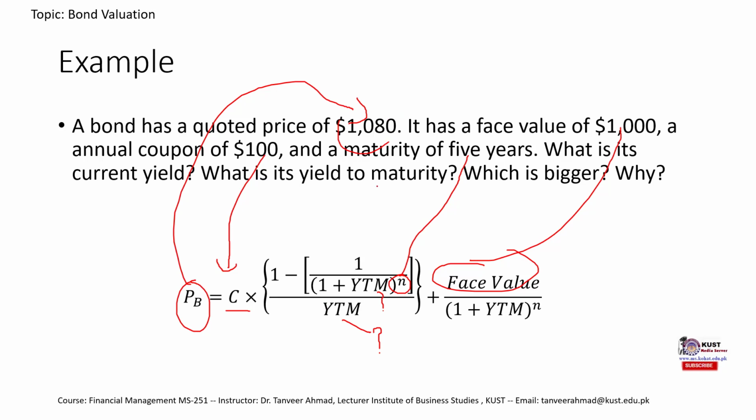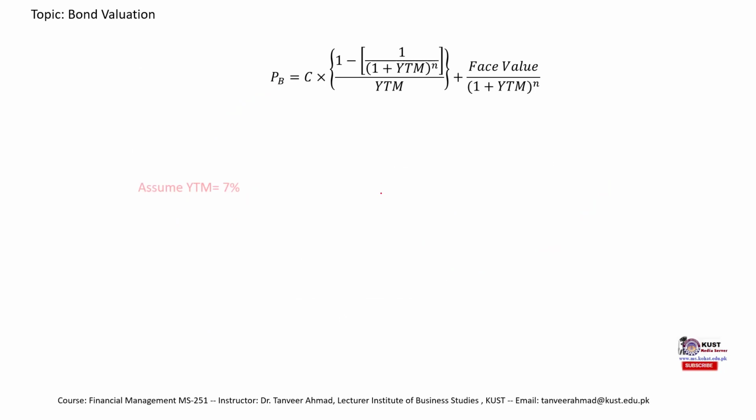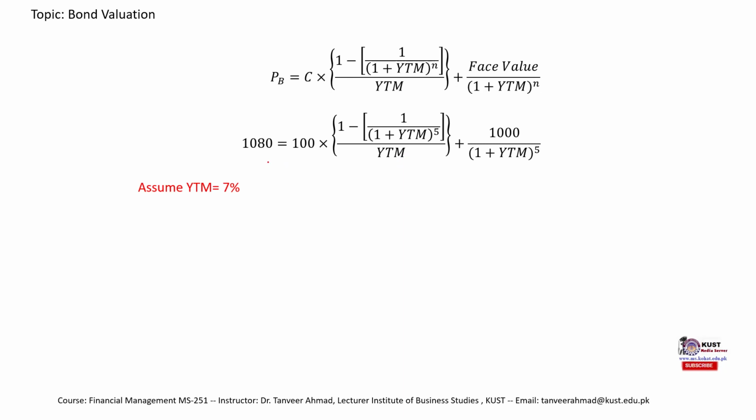So let me bring the solution. It would be more clear if we have the solution on board. So this is our example. Remember the bond price, the current bond price. Our formula to find the current price of the bond is equal to C into 1 minus 1 divided by YTM raised to power n divided by YTM, this whole plus 1000 divided by YTM raised to power n.